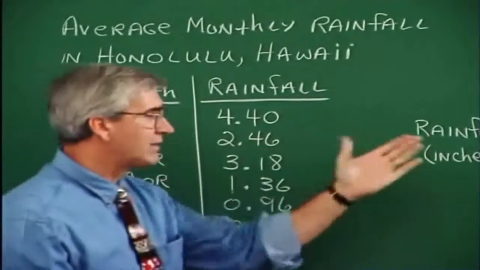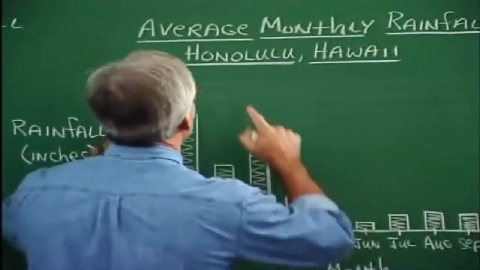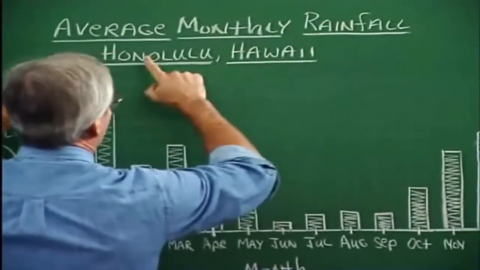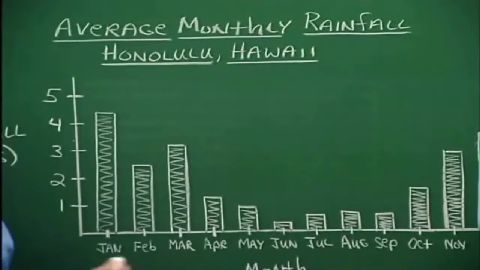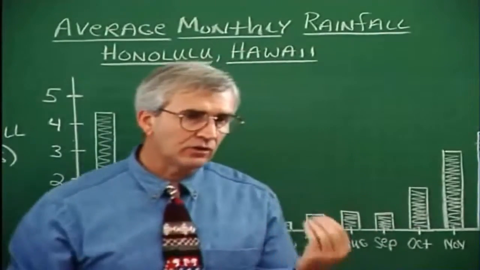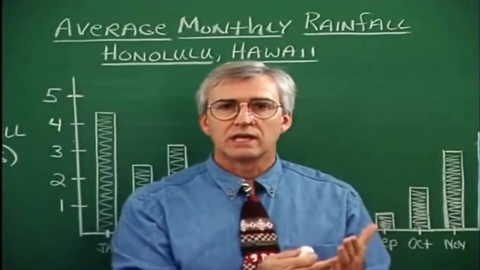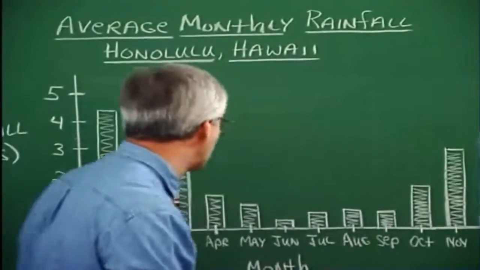So, to build a bar graph, and I've already built one, when I began to build the bar graph, I wrote the label for the bar graph up here. That's one component that's important to realize. And then I knew that I needed two axes. One axis had to do with the rainfall in inches, and another axis had to do with the months, or the time situation.